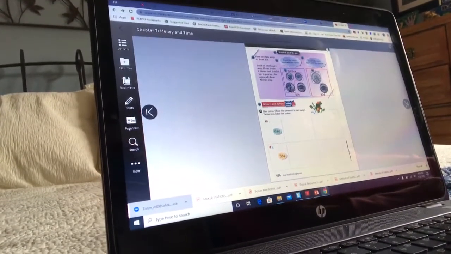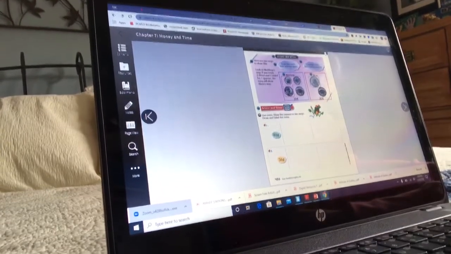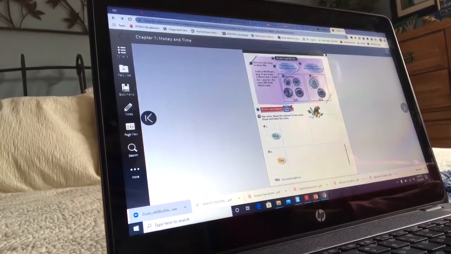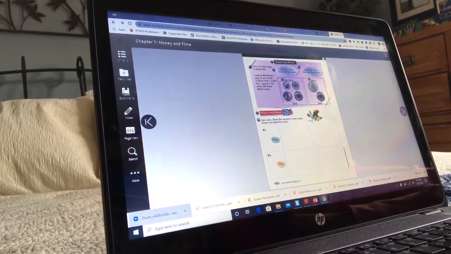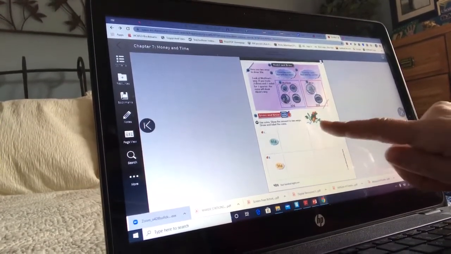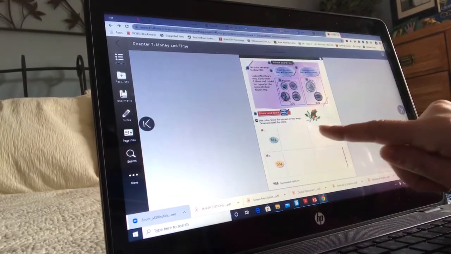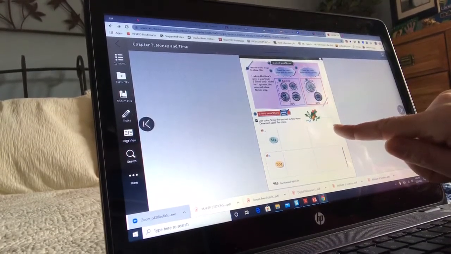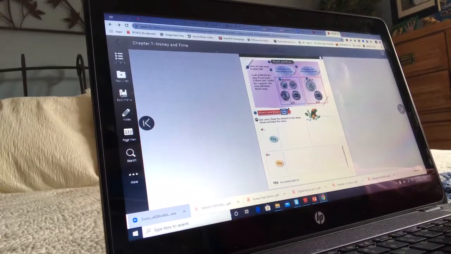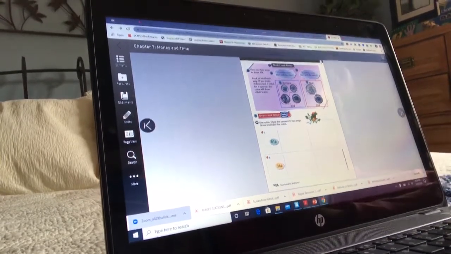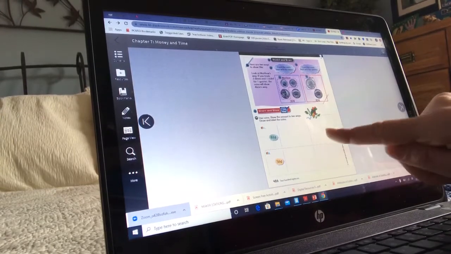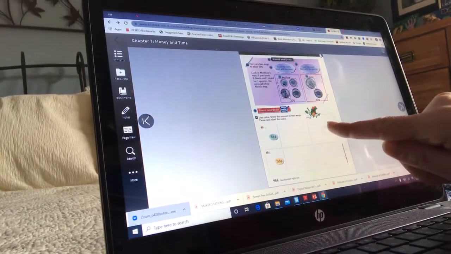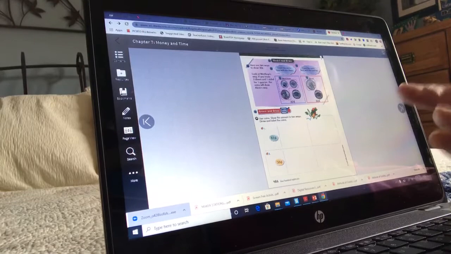I do not want you doing 61 pennies. We can all count by ones, and we don't really need to be doing that with money. So maybe over here, you could do 6 dimes for 6 tens and 1 penny, or 1 one. And then you would count that up to 61 cents. So both times you're making the same amount of money, but you're doing it 2 different ways.